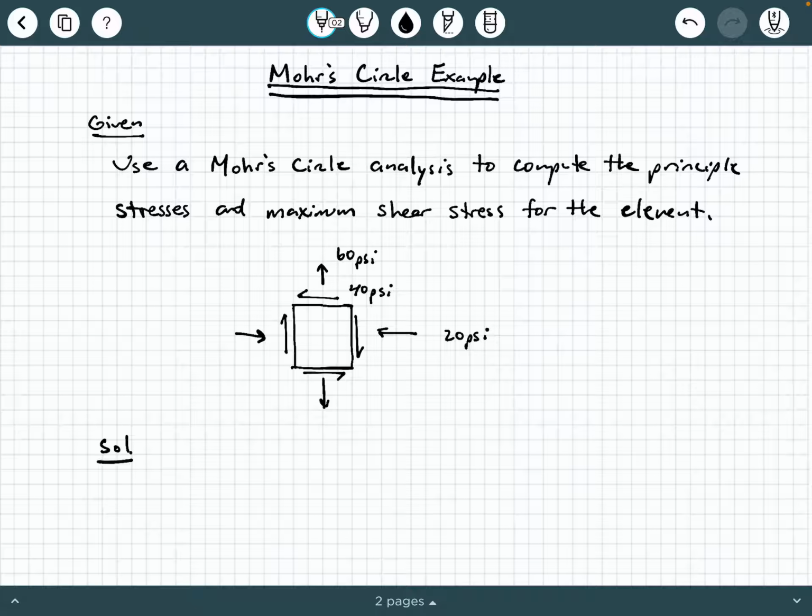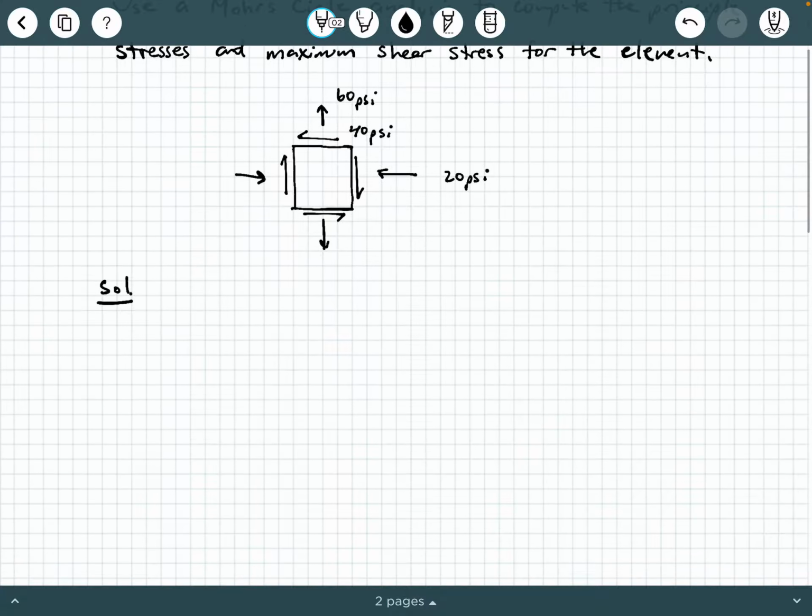So let's go ahead and gather up our information related to our solution. Sigma x is going to be negative 20 psi because that 20 psi acting on either vertical face is compressing the element in the horizontal direction.